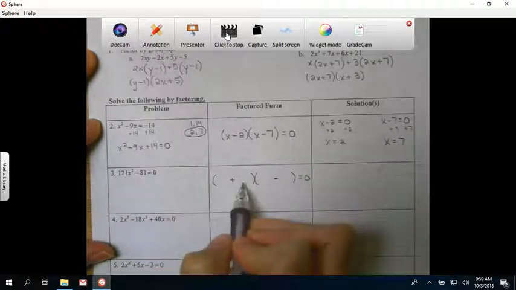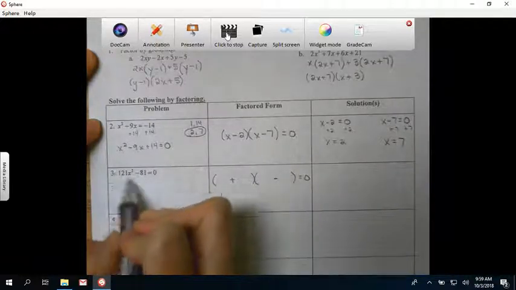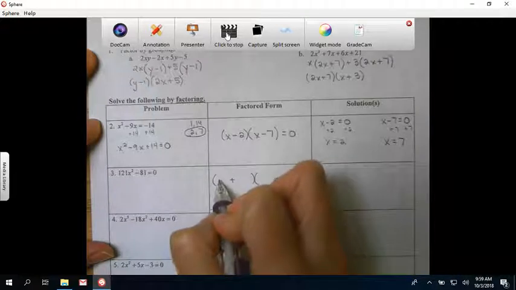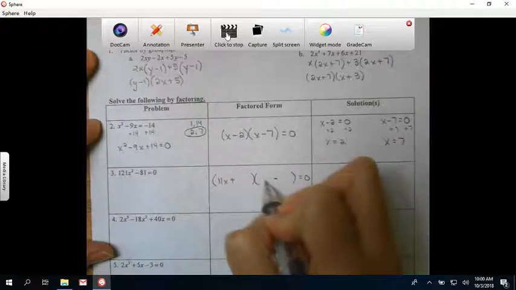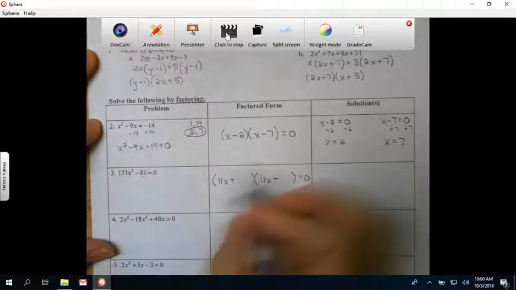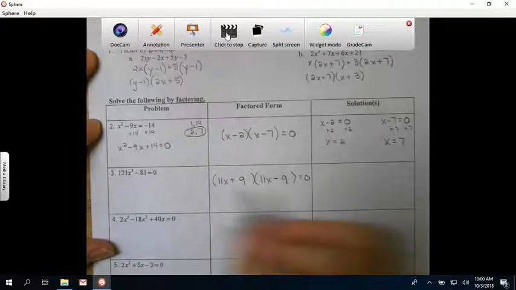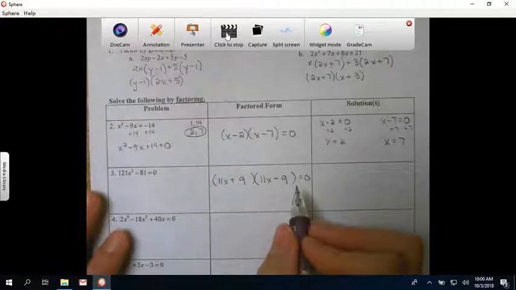To get my actual terms, what is the square root of 121x squared? 11x. What is the square root of 81? 9. So this is my quadratic in factored form.